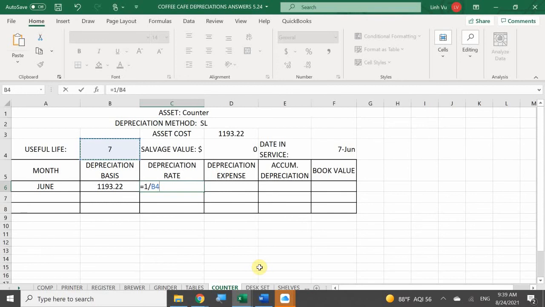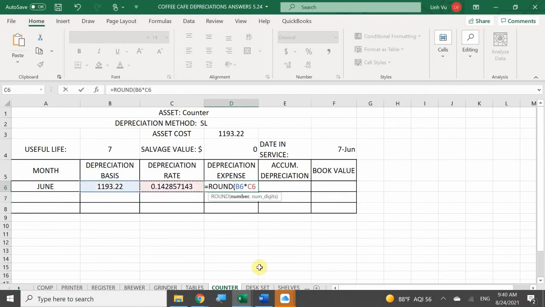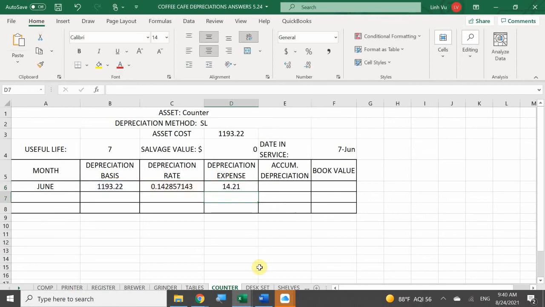It'll be the 0.142857. Then what's going to be the depreciation expense for the month of June? $14.21. $14.21 is correct.